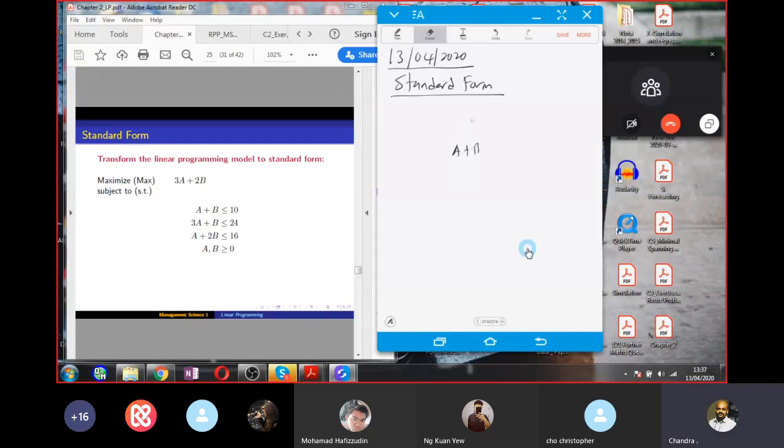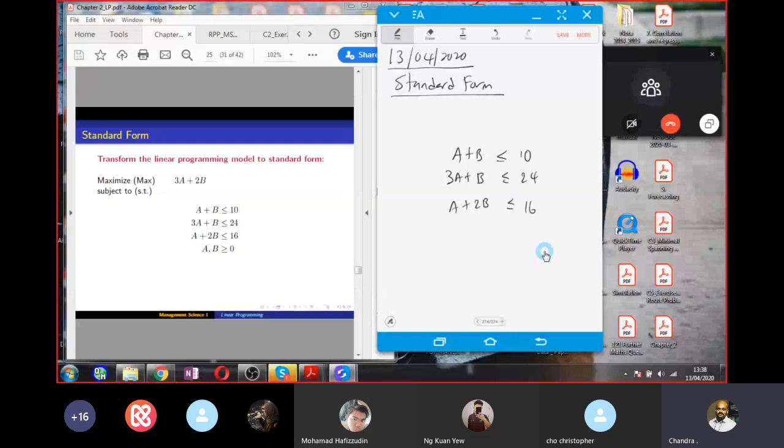A plus B less or equal to 10, 3A plus B less or equal to 24, and A plus 2B less or equal to 16. This is the inequality. So how are we going to write this as an equation?